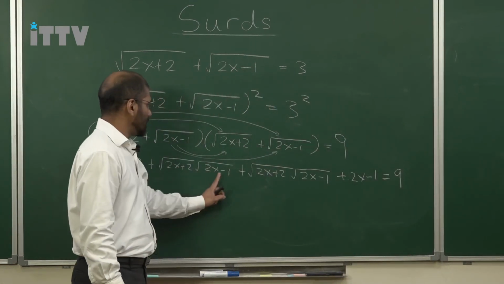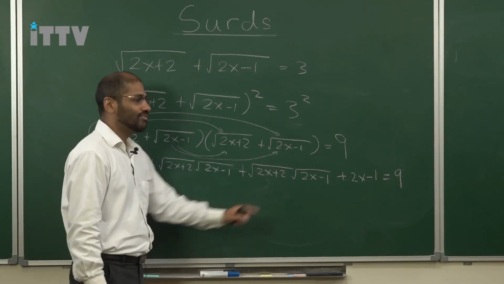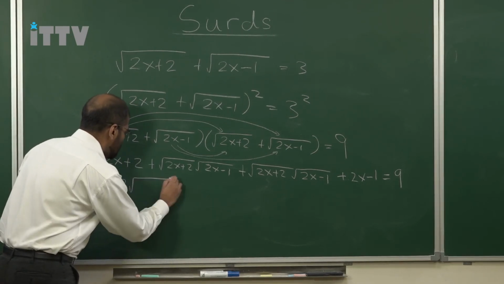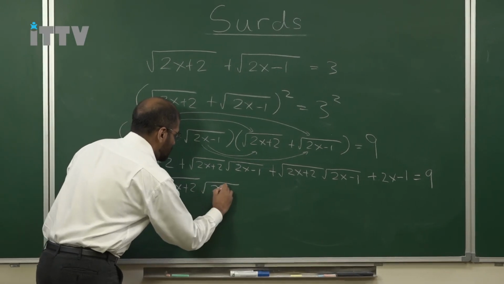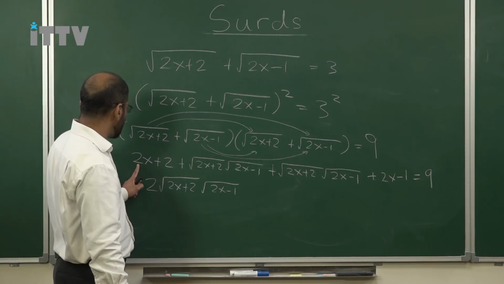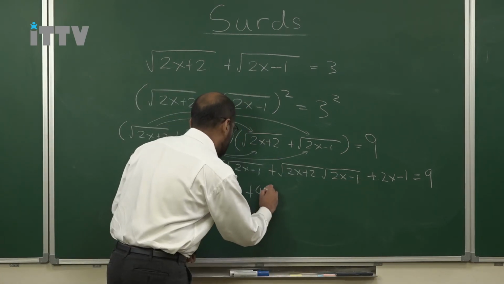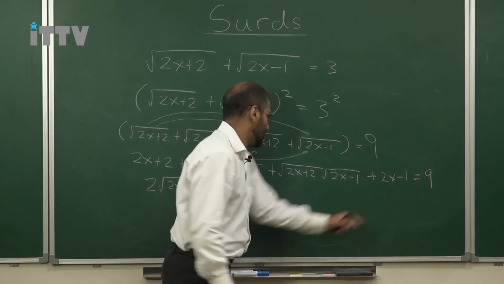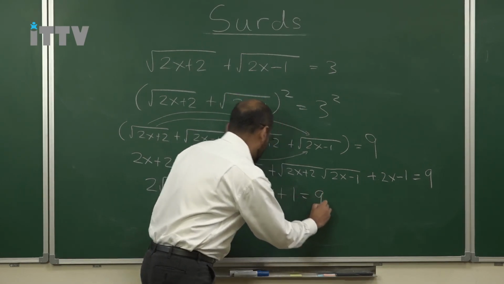And these two are exactly the same. So one of this plus one of this will give us two of this. So we have 2 surd 2x plus 2 surd 2x minus 1, and we got to add up all the variables over here. 2x plus 2x gives us a 4x, and 2 minus 1 gives us a plus 1 equals to 9.